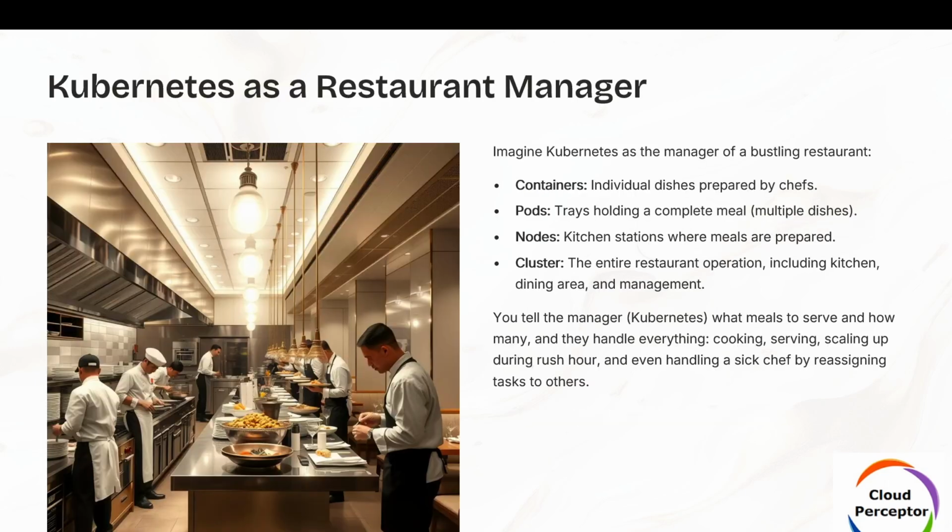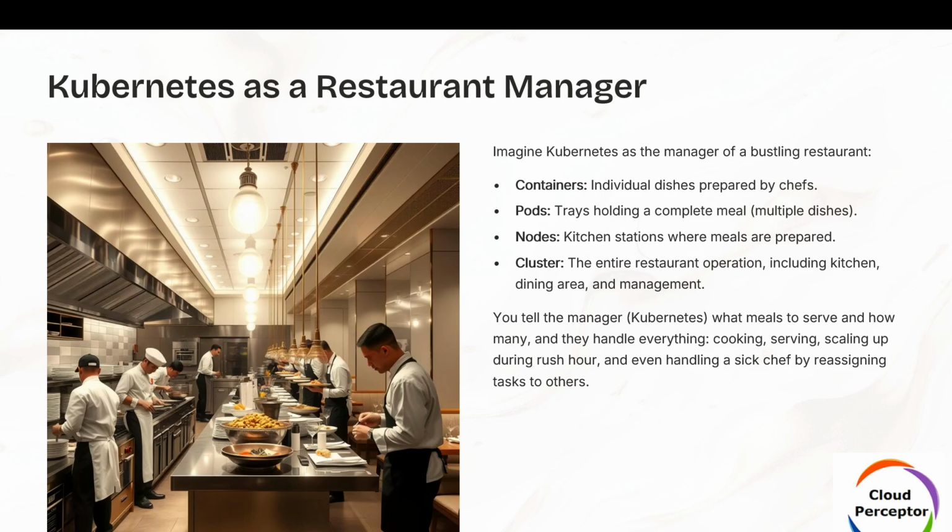Just think of Kubernetes as a restaurant manager of a busy, bustling restaurant where containers are individual dishes prepared by chefs. This is the source code, like the code that is running in the container we just spoke about in the second slide. Next is pods, which are the tray holding a complete meal, multiple dishes. So the pods are going to hold the containers.